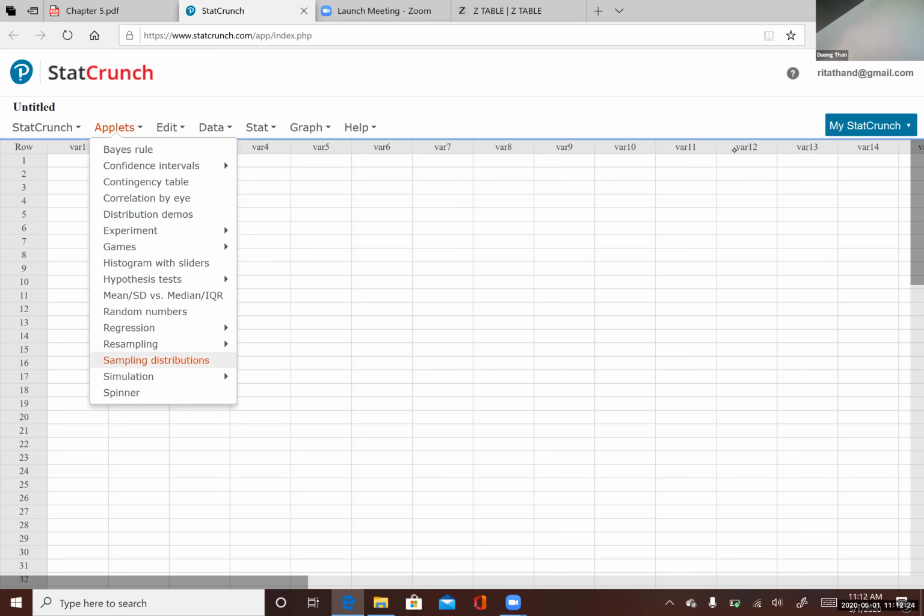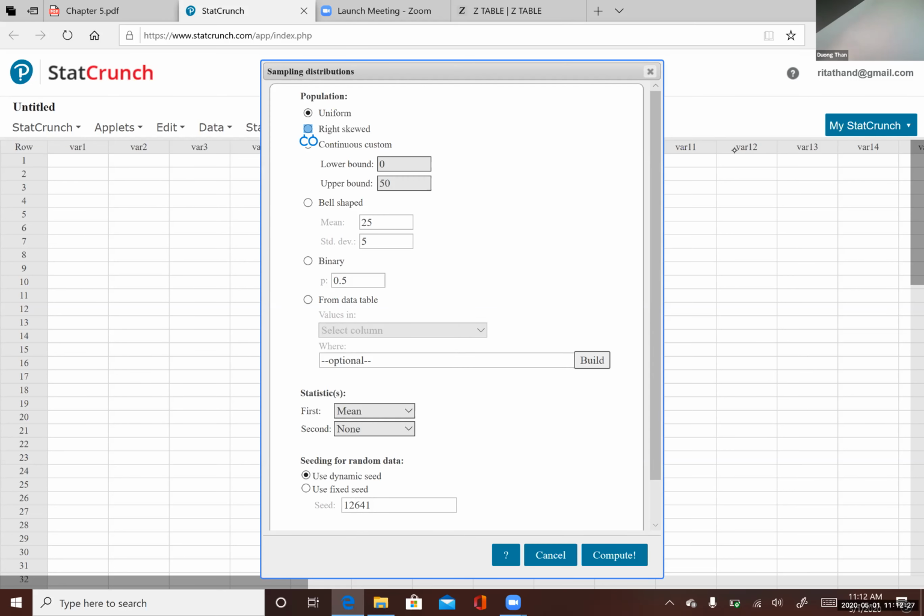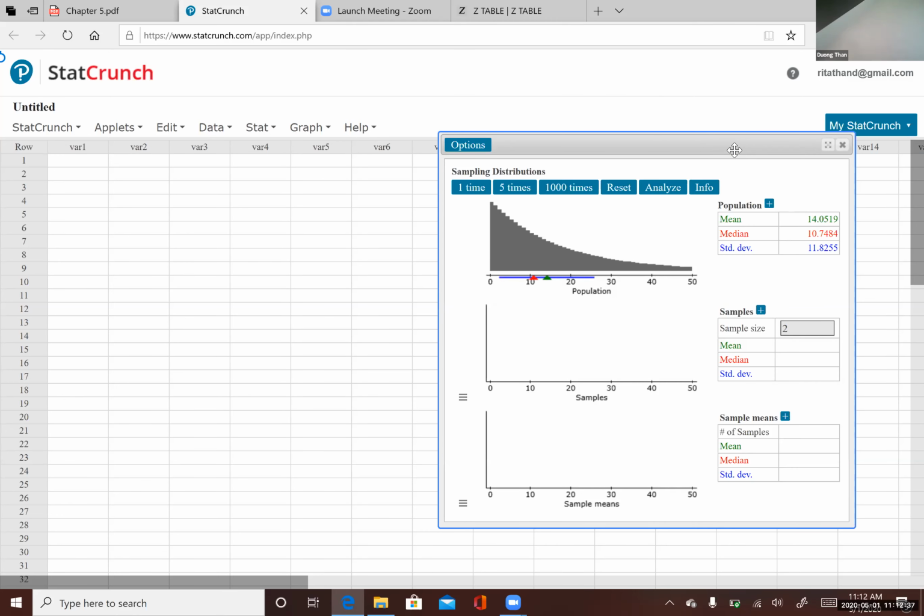Again, this is the distribution of the population. If I take random samples of size 2, if I take 1 sample and I find the mean of that sample, the second chart here will tell you the 2 observations from the population, and the last chart here will tell you the mean of the sample that I just took. Okay.